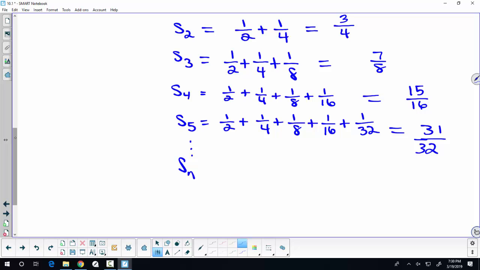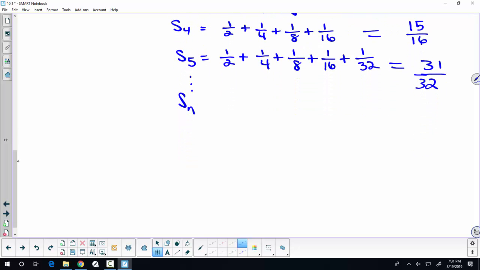So it's basically we're just step by step adding up each term, and then here we're stopping at 5 and saying, does that particular sum, 31/32, as a result of summing the first 5 things, seem like it will converge to something?